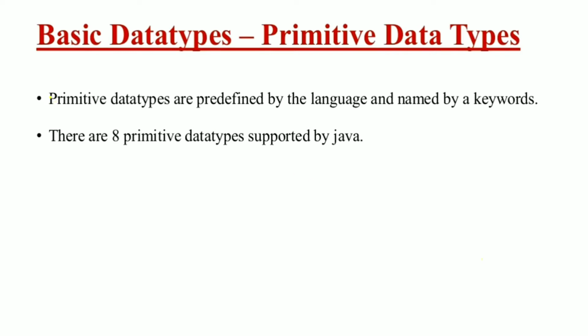Primitive data types are predefined by the programming language and also named by keywords. And the size of primitive data types is always fixed. It can't be changed. There are 8 primitive data types supported by Java.